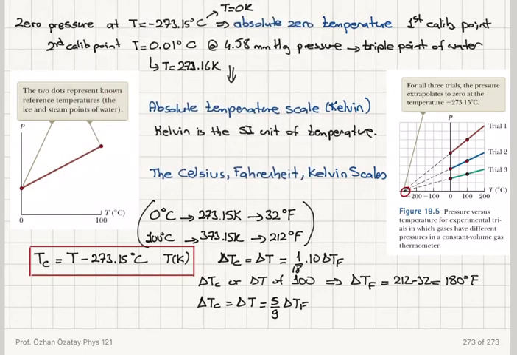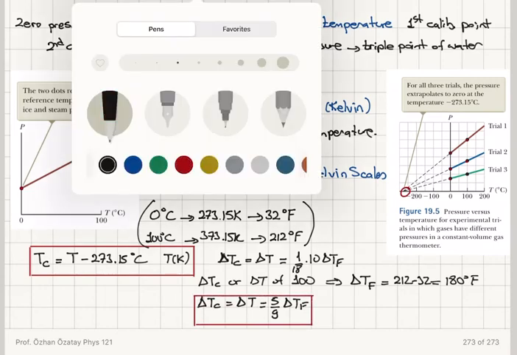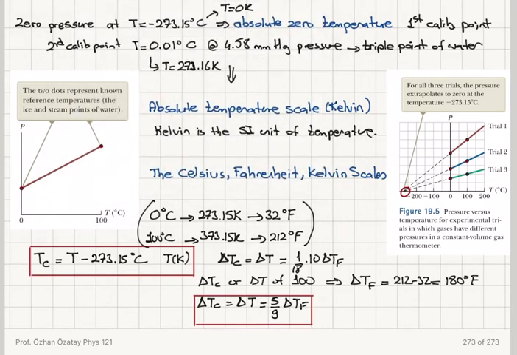So this comes from the information about the calibration points. If you have a change in the Celsius scale, it's the same change in the Kelvin scale, but it's 5 over 9 times the change in the Fahrenheit scale. So using this, I can find the conversion between the Fahrenheit scale and the Kelvin scale.